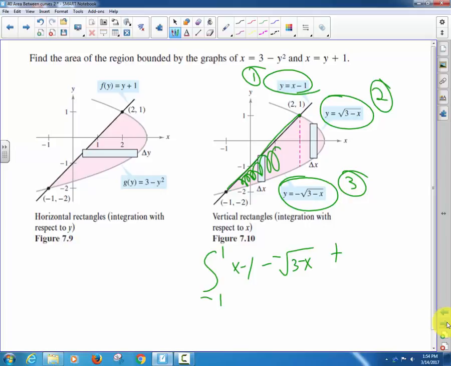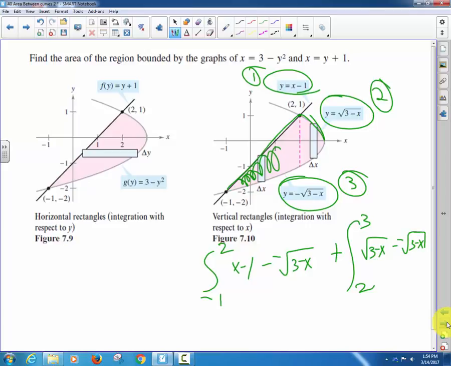And then from 1 on, this number 2 function is my top. So I'm going to, that's not 1, is it? I'm integrating to 2. I'm going to integrate from 2 to 3 with that function being my top one. And the 3 function is still the one on the bottom.